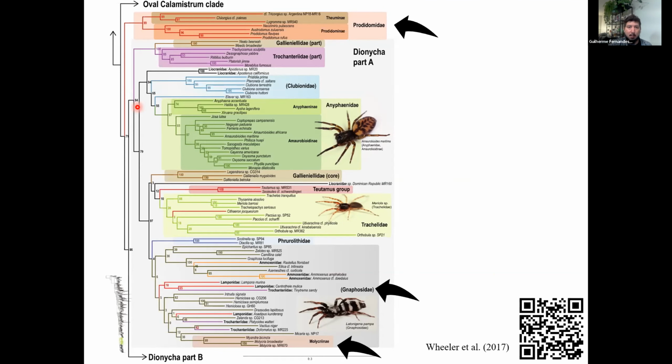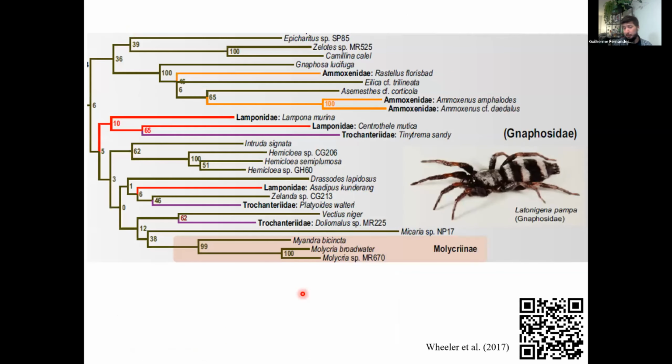You can see that the prodidomids, or at least Prodidominae, are very distantly related to gnaphosids in general. So here we have Molycria, that we consider a prodidomid, here the Prodidomini, and here are the gnaphosids. And if you take a closer look here, we have this huge mass.